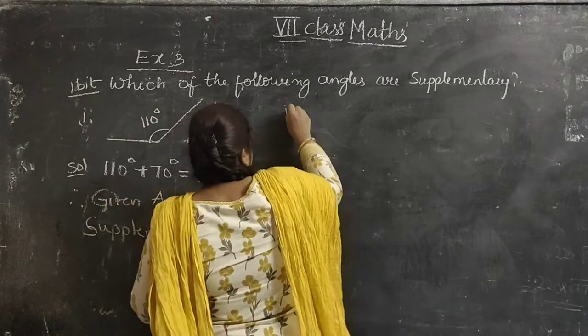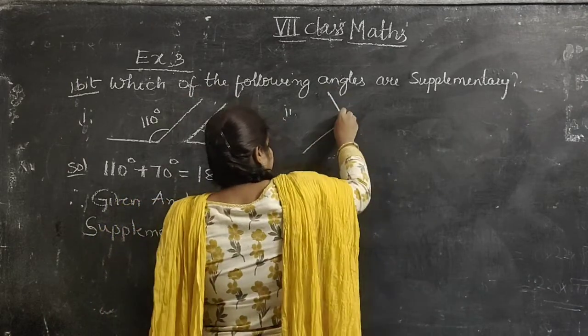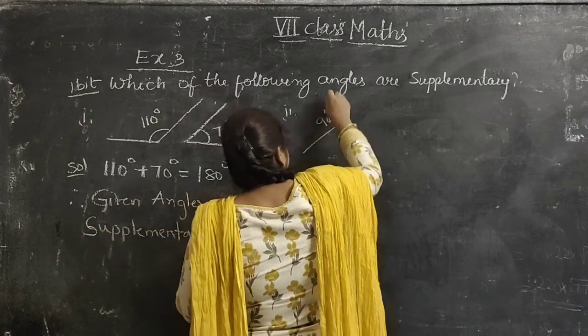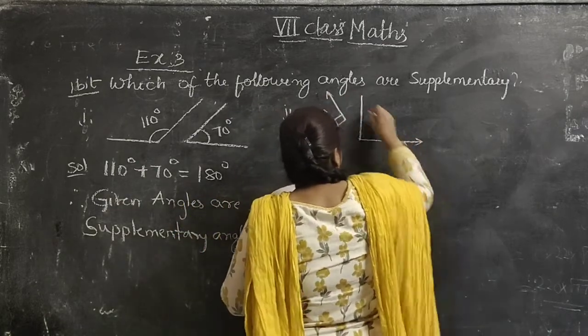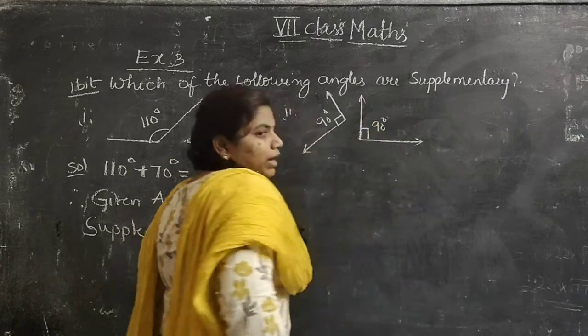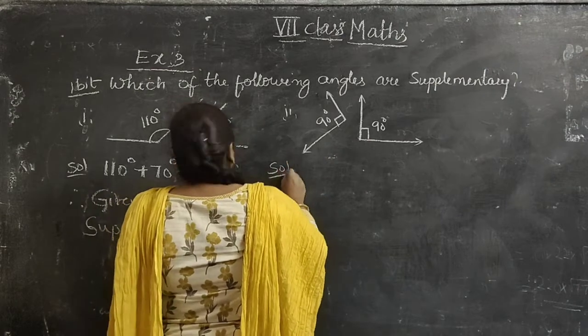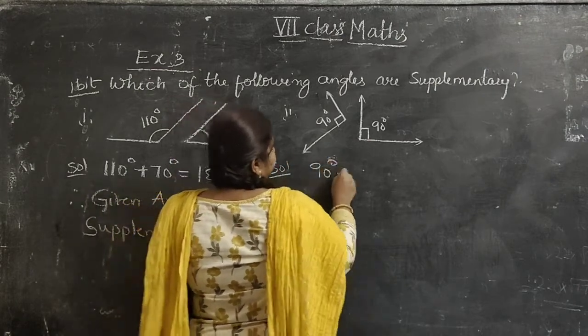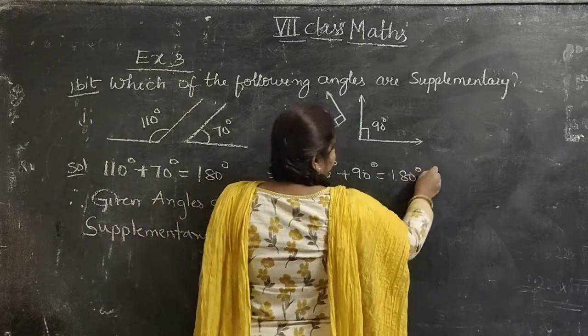Next one, and the other angle is also 90. So 90 plus 90 will be equal to 180. So these two angles are also supplementary to each other. Here 90 degrees plus 90 degrees is equal to 180 degrees.